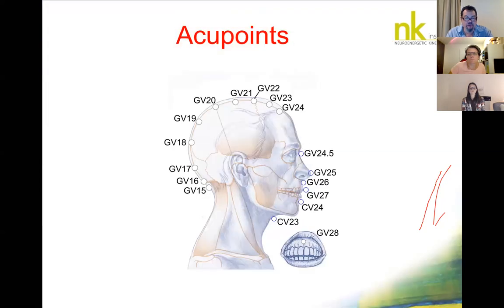Then you've got the acupoints. So it's kind of, you know, finger modes were used in India as mudras for thousands of years. And the acupoints are used in Chinese medicine for thousands of years.